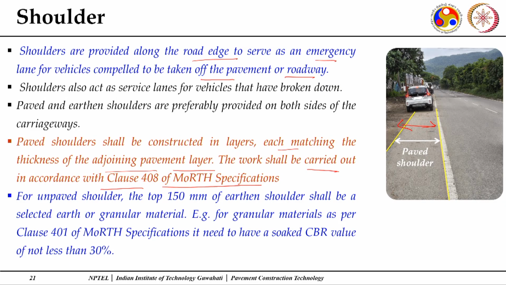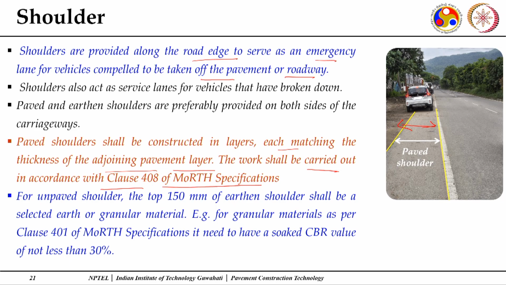Now, for example, if an unpaved shoulder or an earthen shoulder is to be constructed, what type of material can be used? That information is given in the MORTH specifications, section 300, which says clause 305, that this should be the material to be used for an earthen shoulder.